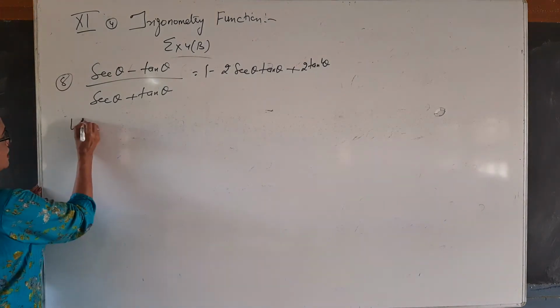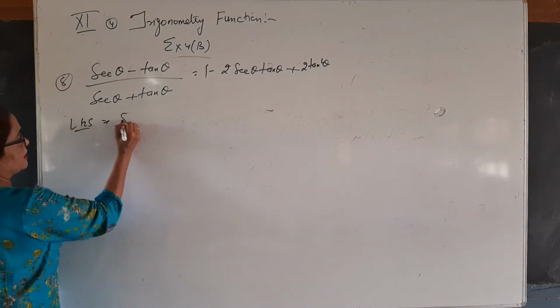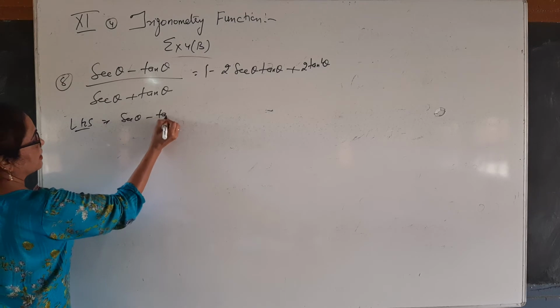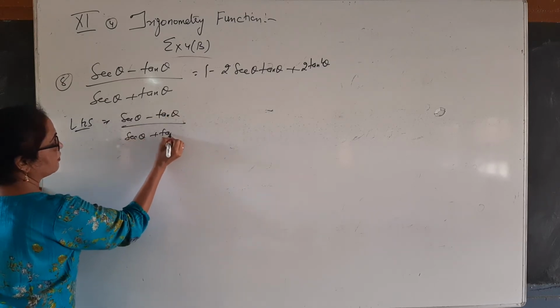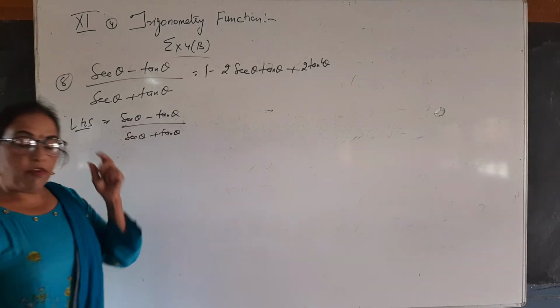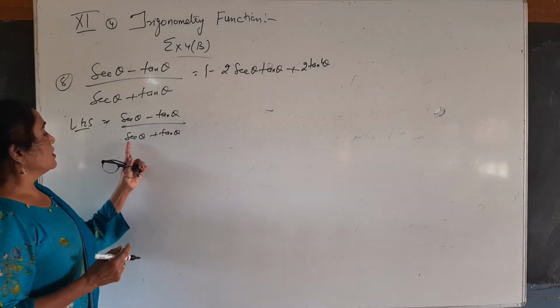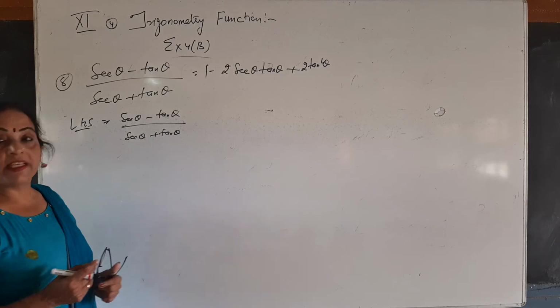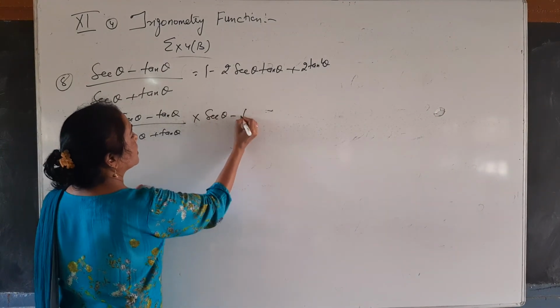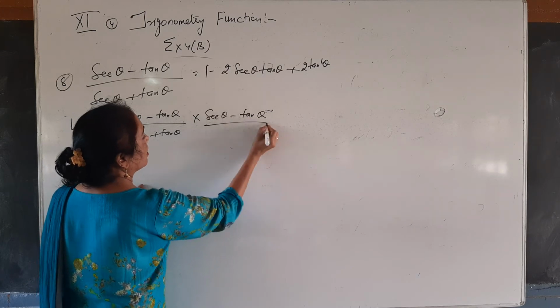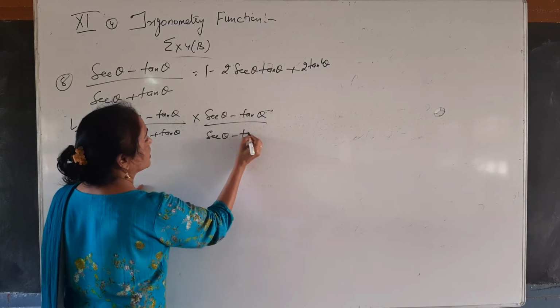Again we will take LHS, that is sec theta minus tan theta upon sec theta plus tan theta. We will rationalize. How will you rationalize? We will see the terms in the denominator, it is sec theta plus tan theta. So we will rationalize by multiplying by sec theta minus tan theta upon sec theta minus tan theta.